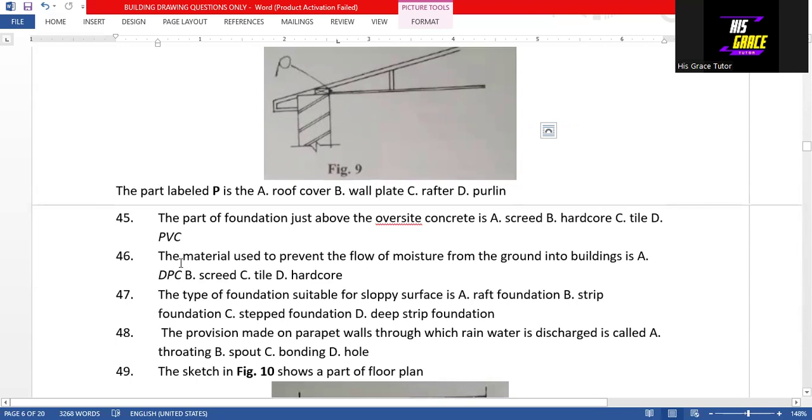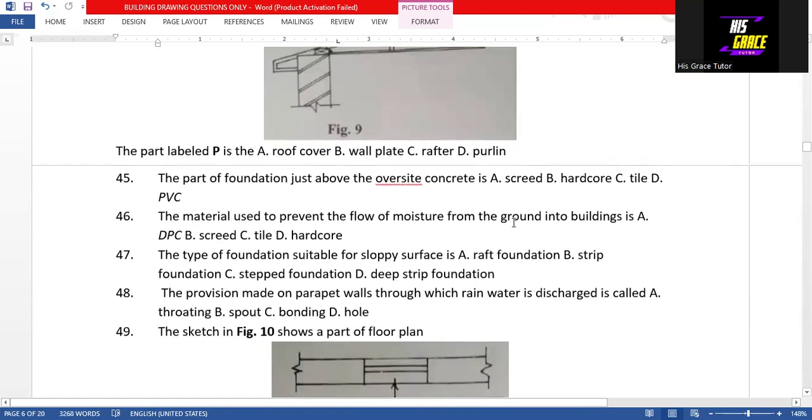Then question 45 says that the part of foundation just above the oversized concrete is screed. So just above the oversized concrete is a screed. That is option A, the answer to question 45.